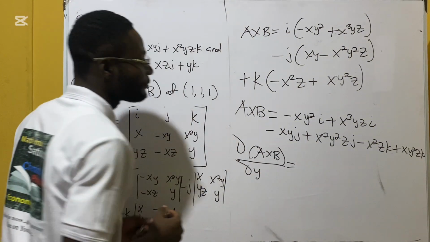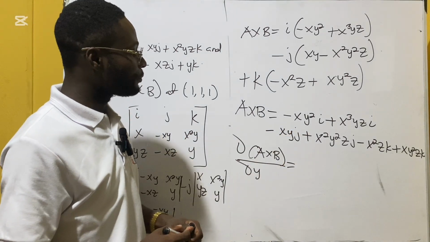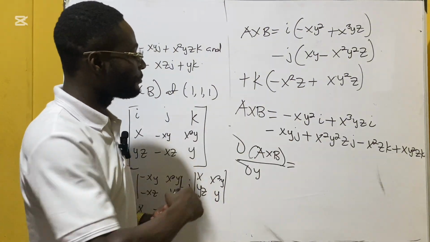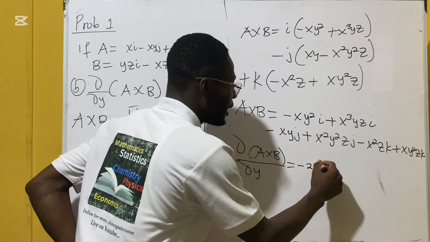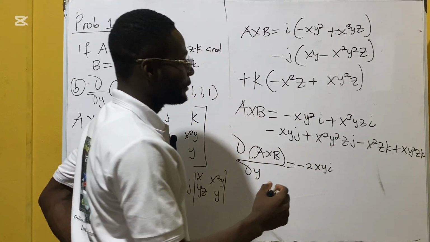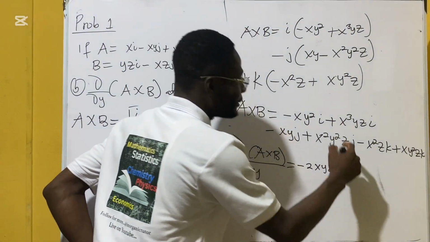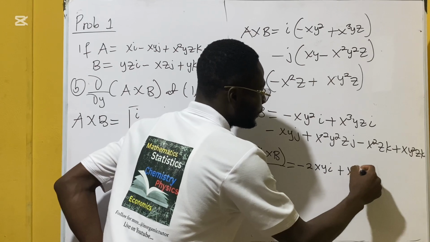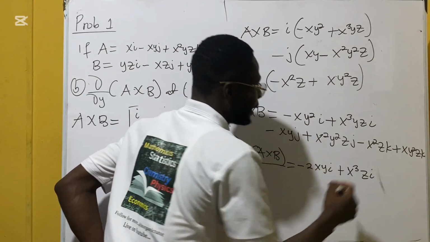We are differentiating this with respect to y, so we're going to have negative 2xy i, plus x cubed z i.